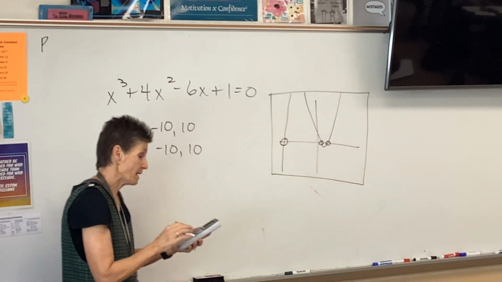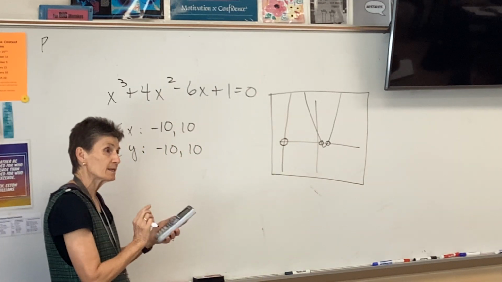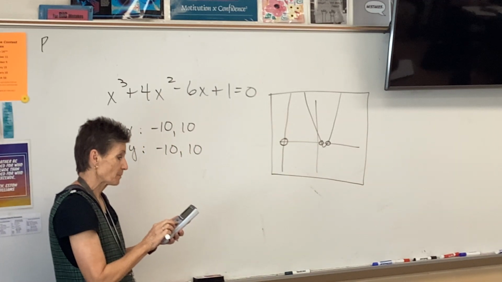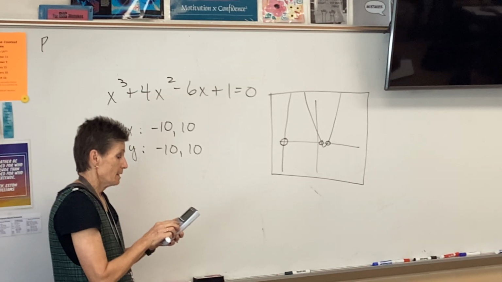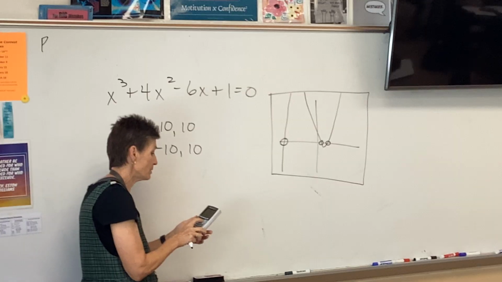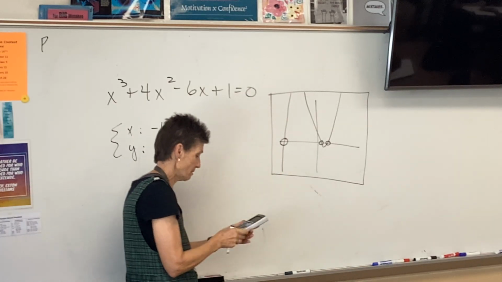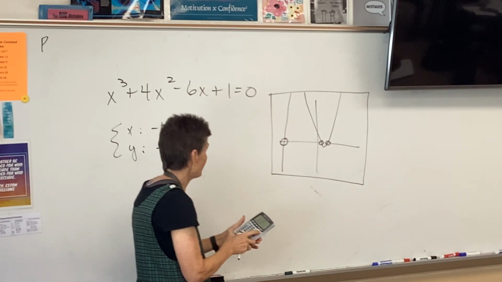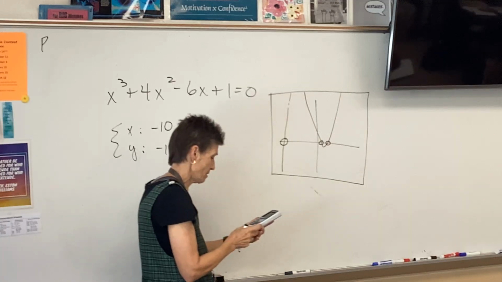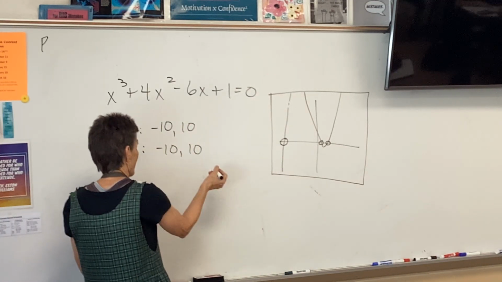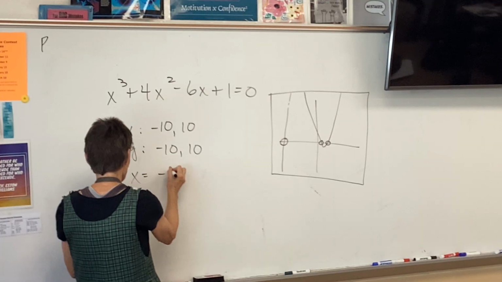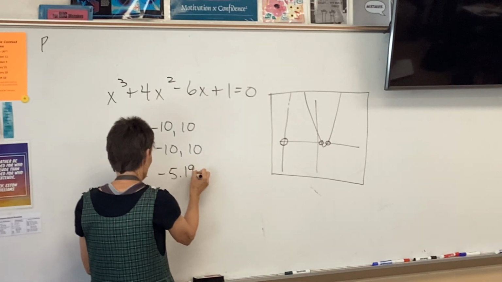And then how do we find those points? Second trace, 0. We'll set our left bound over here somewhere, our right bound up here somewhere. For my first answer I got negative 5.193.